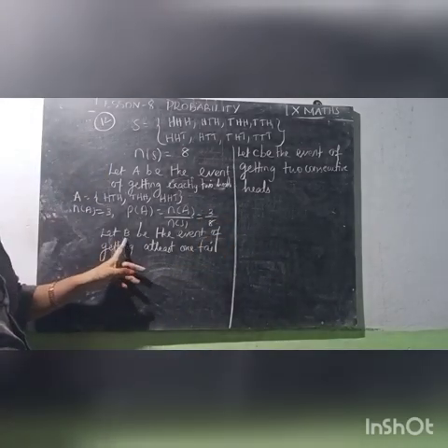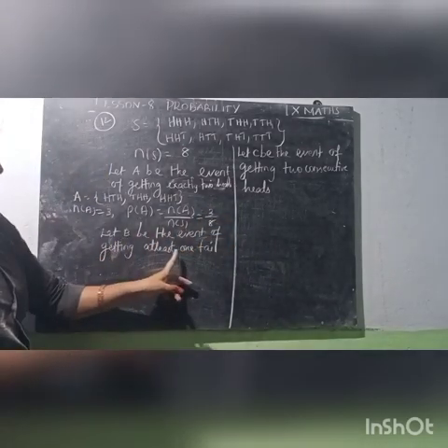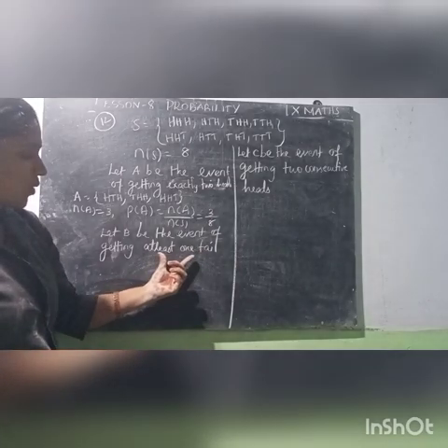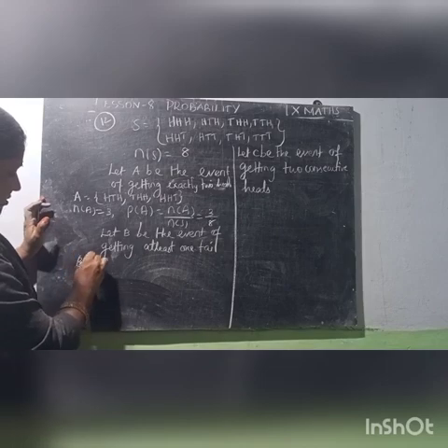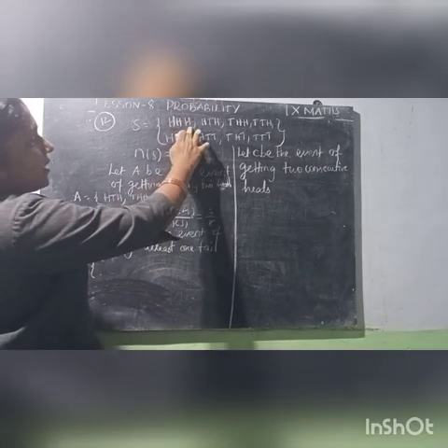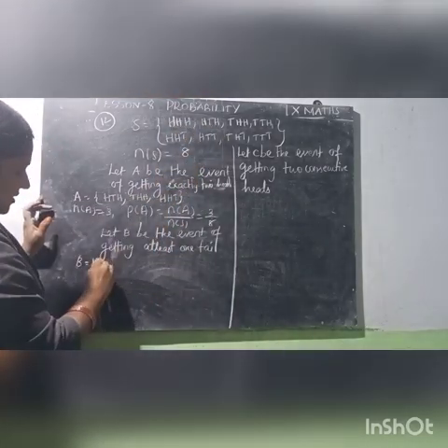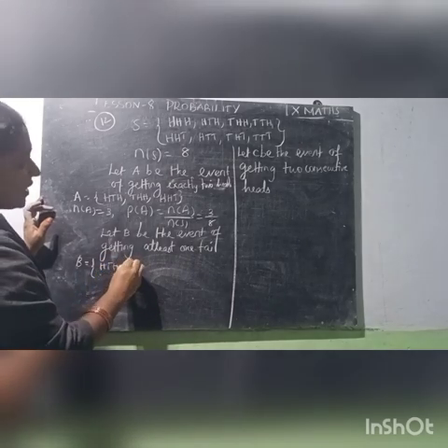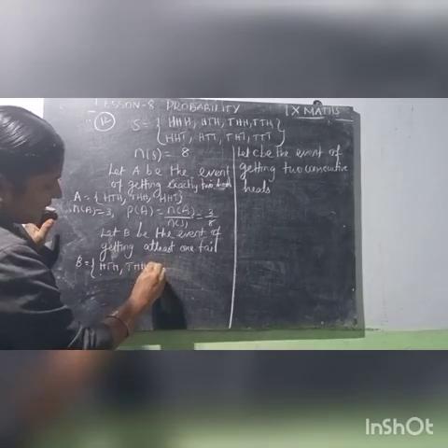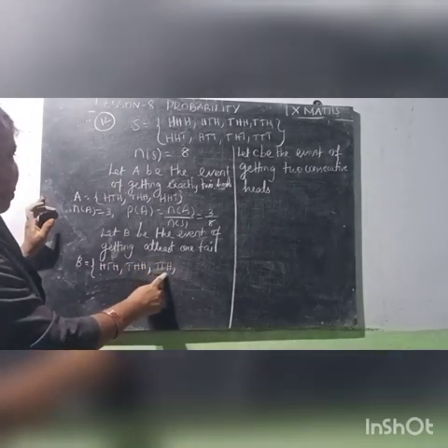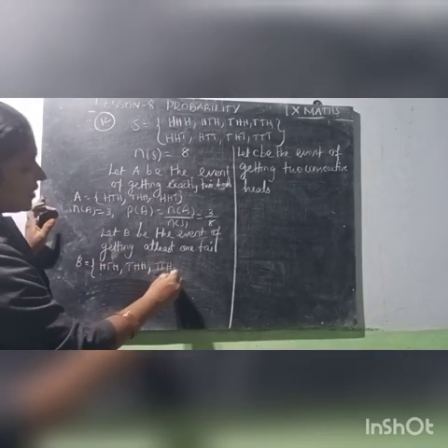Then the second event: let B be the event of getting at least 1 tail. At least 1 tail means 1 and more than 1 tails are possible. So no tail we can't select. We can select HTH, 1 tail is there. THH, 1 tail is there. TTH, at least 1 means 1 and more than 1, so 2 tails we can select.